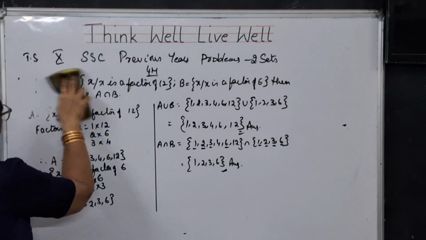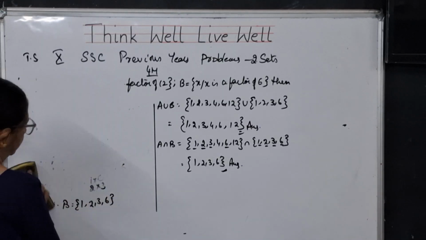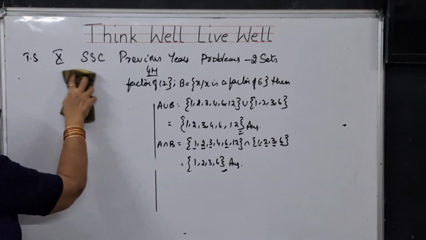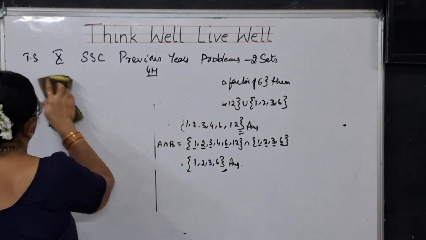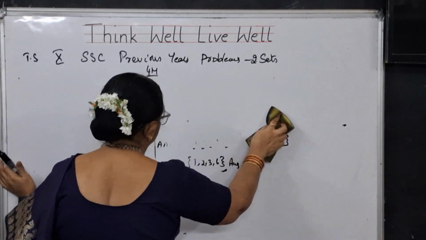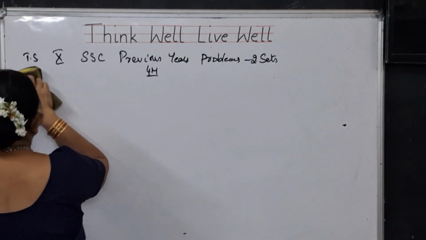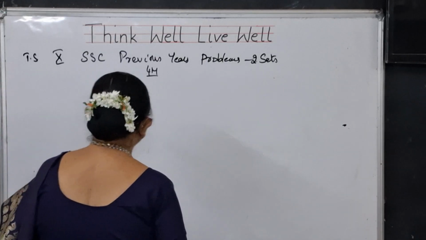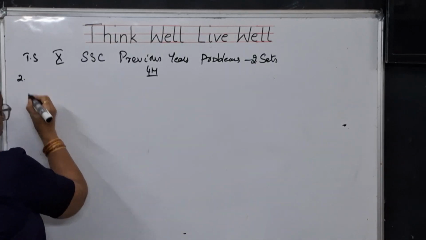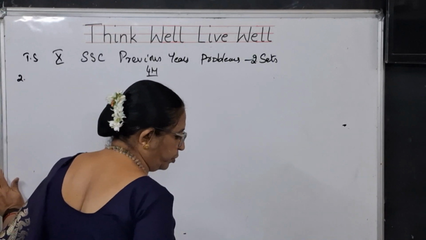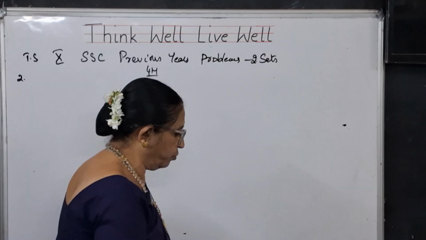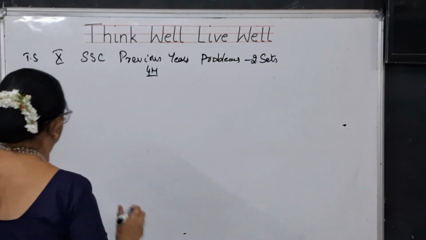Now, we will see the second one. Second problem is: if mu is equal to 1, 2, 3, 4, 5, 6, 7, 8, 9, 10.